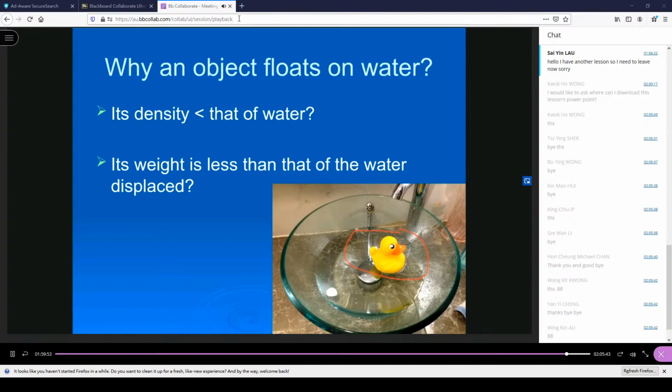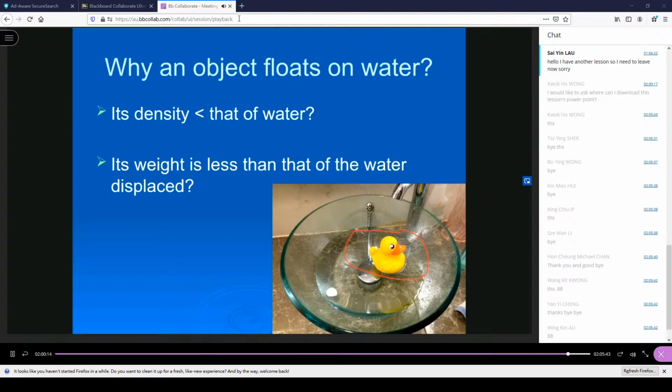Okay, let's stop the polling now. Now, if the object floats on water, why does it float? If the weight is less than the water displaced, then it will fly off.